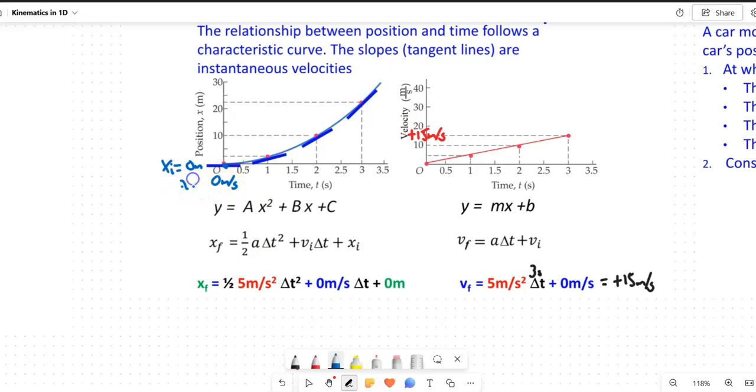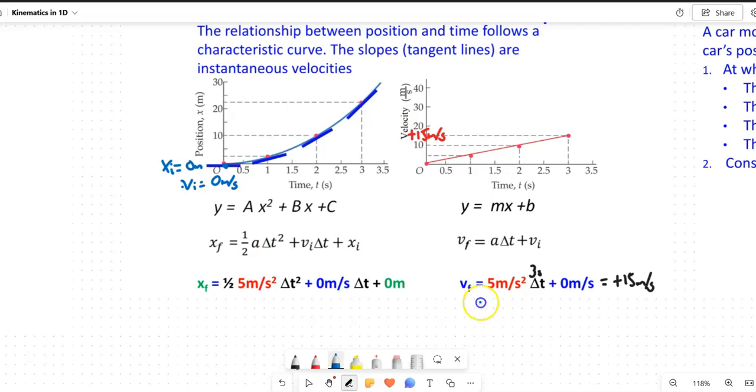So the initial velocity is the slope at that initial position. And this acceleration vector is adding to this initial velocity vector to create a new velocity vector at 1 second. So let's figure out what the velocity will be after the first second.